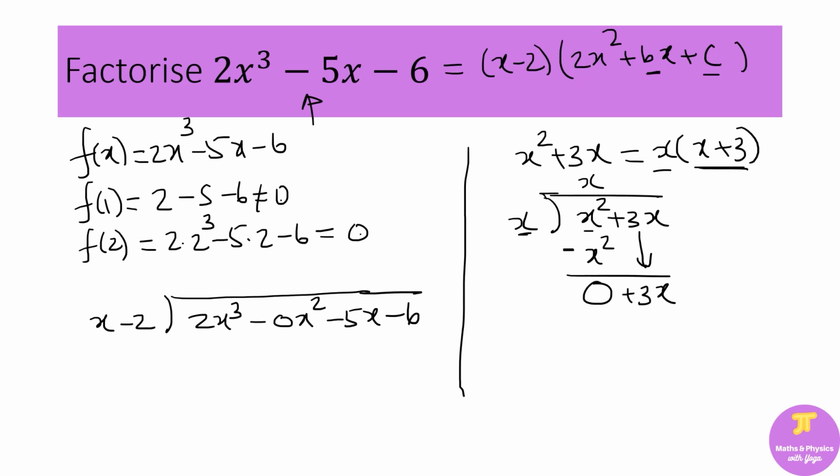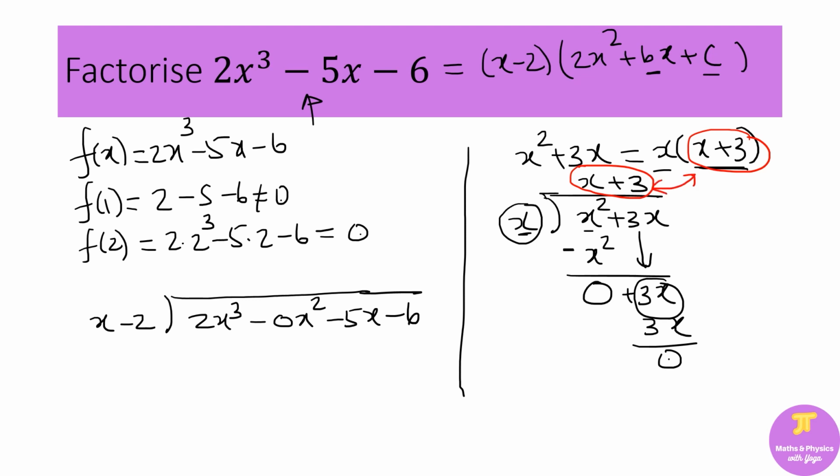Then we find how many times x goes into 3x. It goes 3 times, plus 3. So 3 times x gives you 3x, and the subtraction is 0. So we found this factor using long division. You see this is the x plus 3, and these are the same.